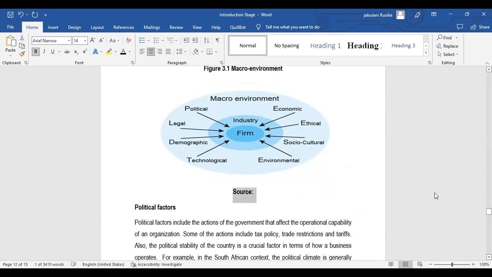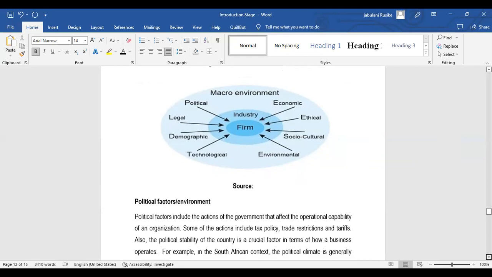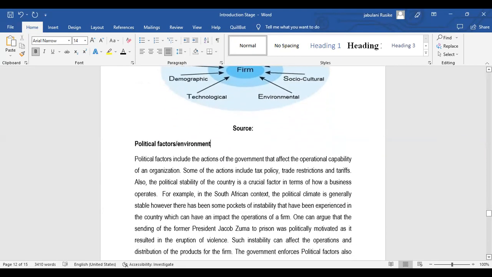Now let's talk about the political environment. Some call it factors. We are talking about, okay, political environment. Now, what are political factors? Basically, political factors are those actions of a government that affect the operational capability of an organization.